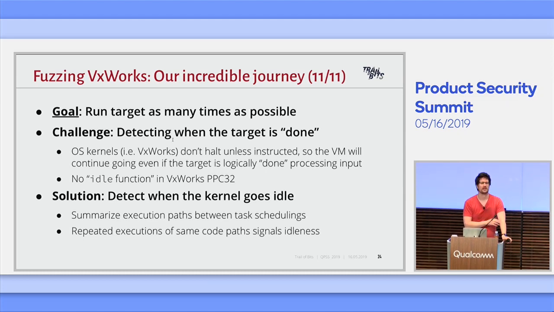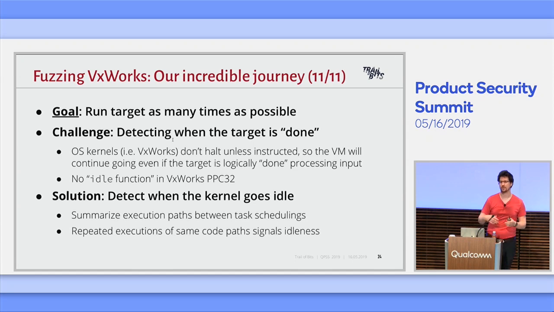We check whether the program executes the same path of code between two calls to the task scheduler. If we see the same path executed multiple times in a row, we assume it has gone idle. And worst case, if we don't see this, we have a pretty conservative timeout.